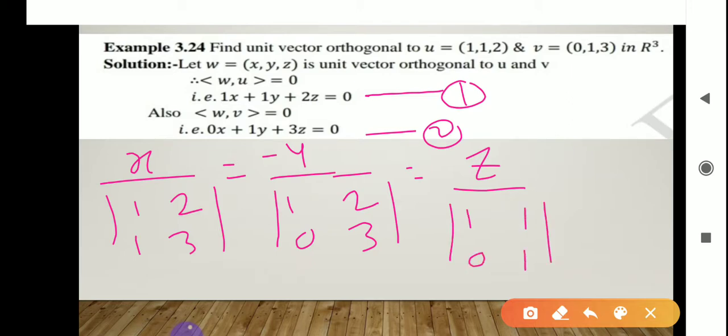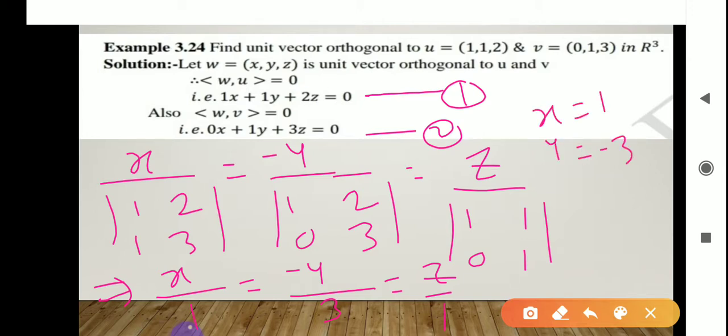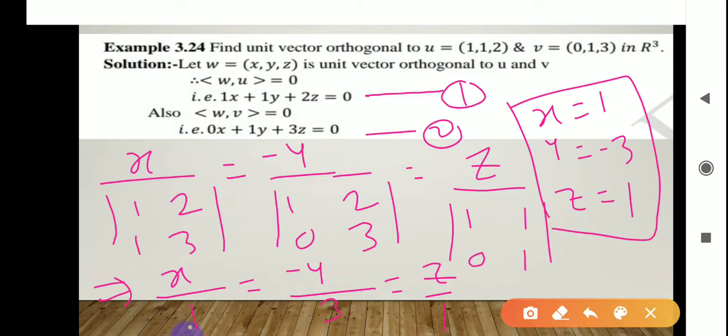If we expand these determinants, we get x upon 3 minus 2, which is 1, equal to minus y upon 3, equal to z upon 1. Means x equal to 1, y equal to minus 3, z equal to 1. These are the values of x, y, z. And what is our question?